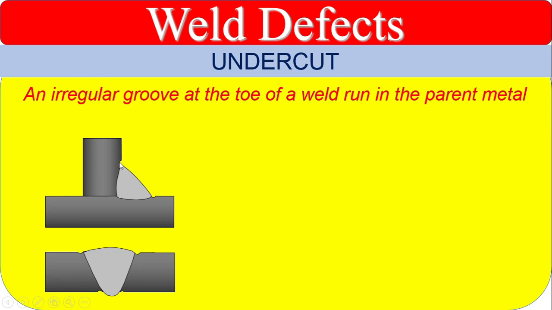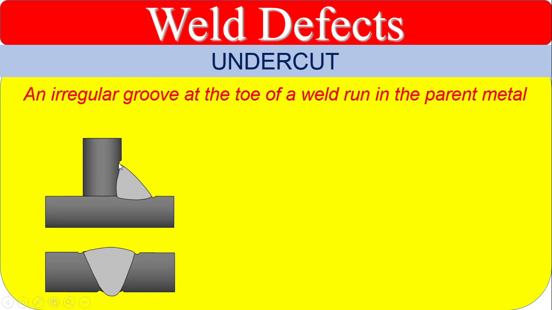So when the welder is doing the welding, because the amperage is too high, the parent metal is melted. That's why the undercut has been created.